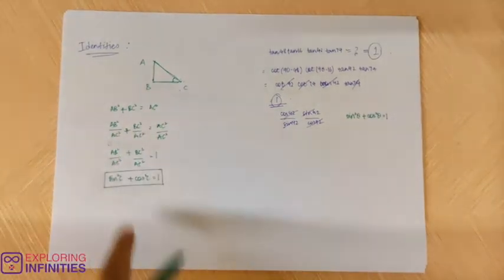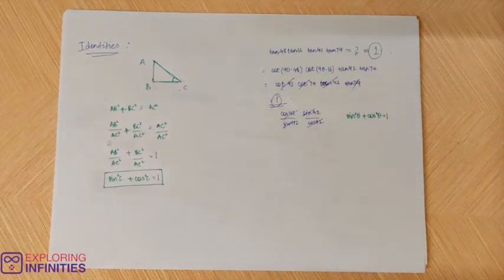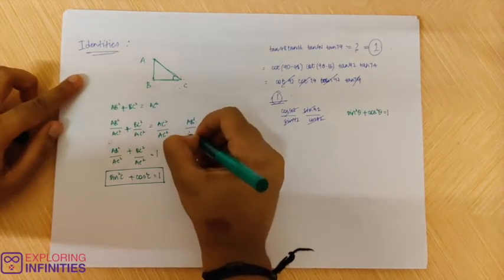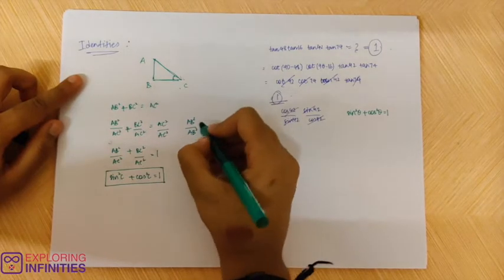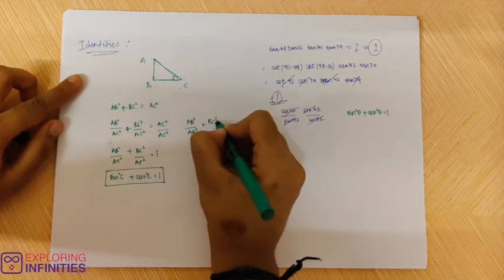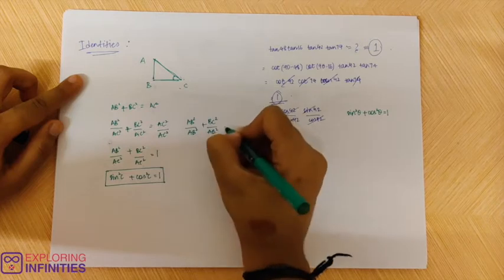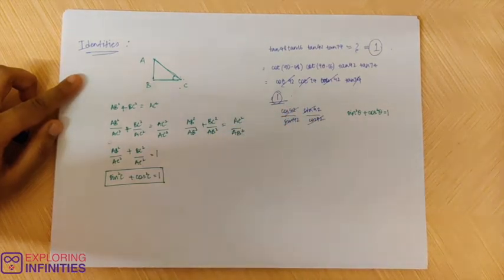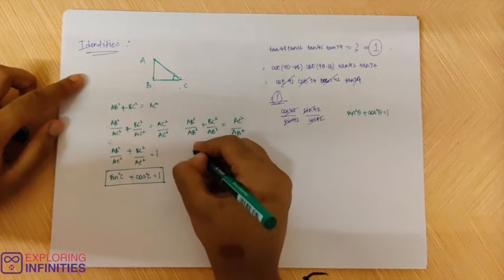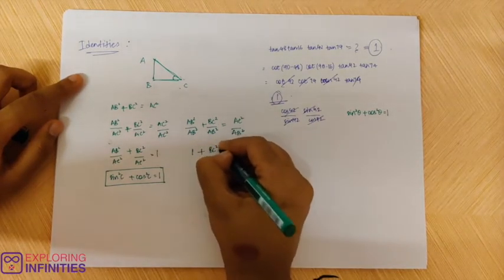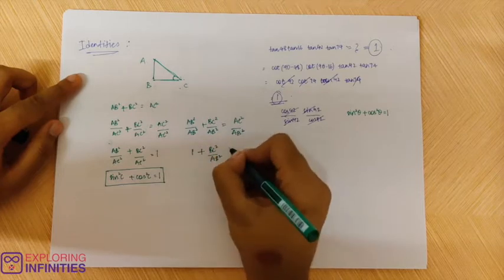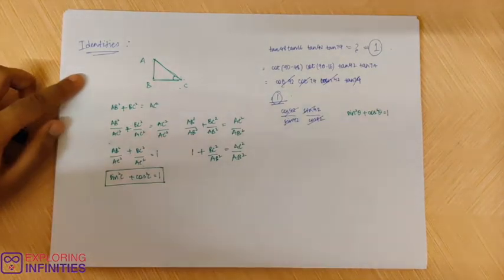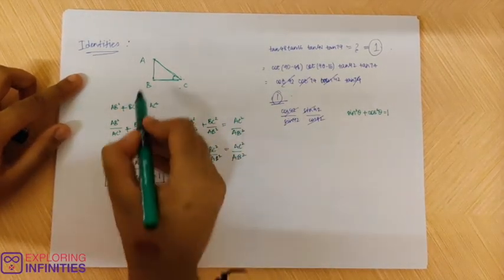Now let's divide this by AB square. So AB square by AB square plus BC square by AB square is equal to AC square by AB square, right? So 1 plus BC square by AB square is equal to AC square by AB square. So BC by AB, what is that?